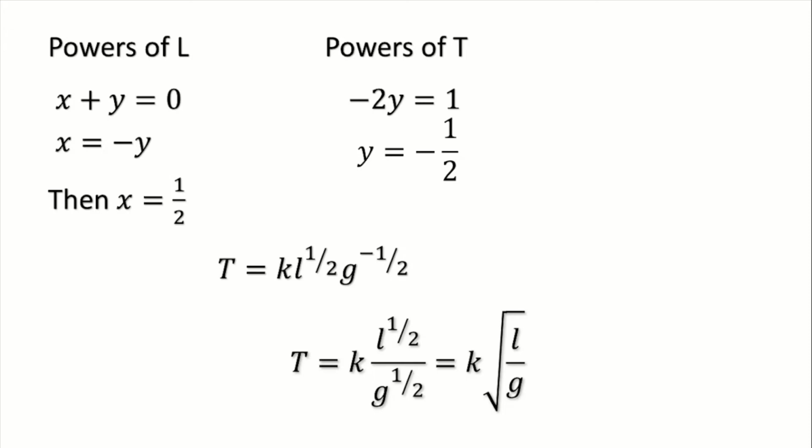In the third lesson, waves and oscillations, we get to know that T equals 2 pi square root of L over g, so the constant k becomes 2 pi. But we can't achieve this in dimensional analysis. It is only a constant, and we can't find the value of a constant. Like this, we can obtain relationships between physical quantities using dimensional analysis. This is a simple example and we can derive more things.